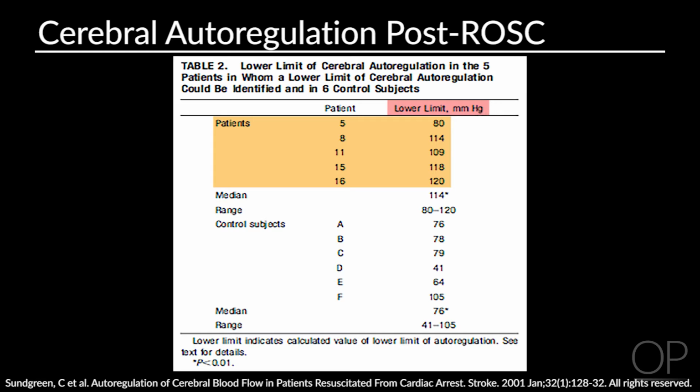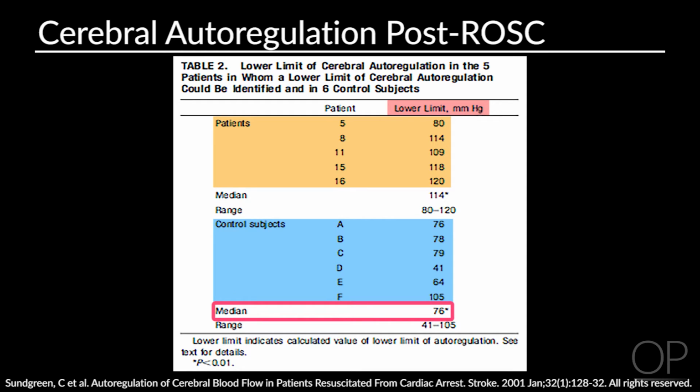Needless to say, the lower level of autoregulation for the volunteers was significantly less than the 5 survivors after cardiac arrest. And this left them to wonder whether or not the blood pressure should indeed be kept at a higher level than what would normally be accepted in patients after cardiac arrest.